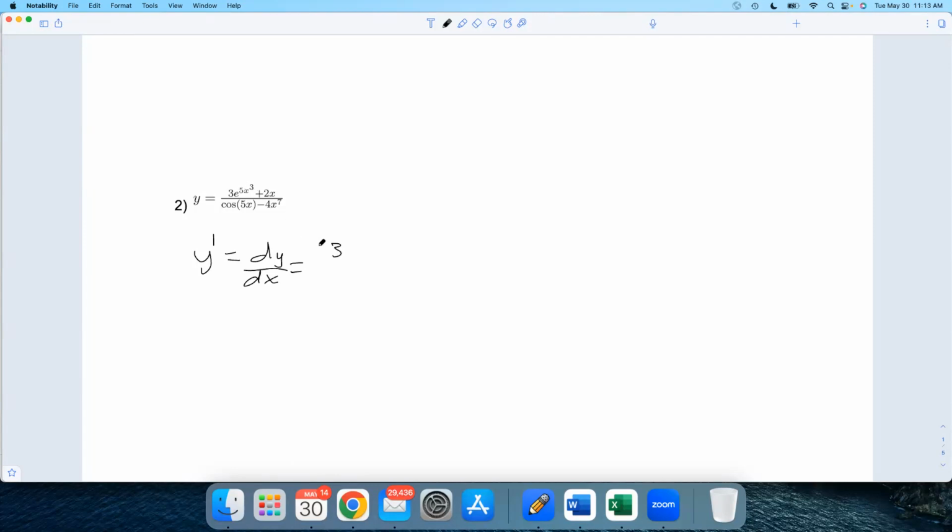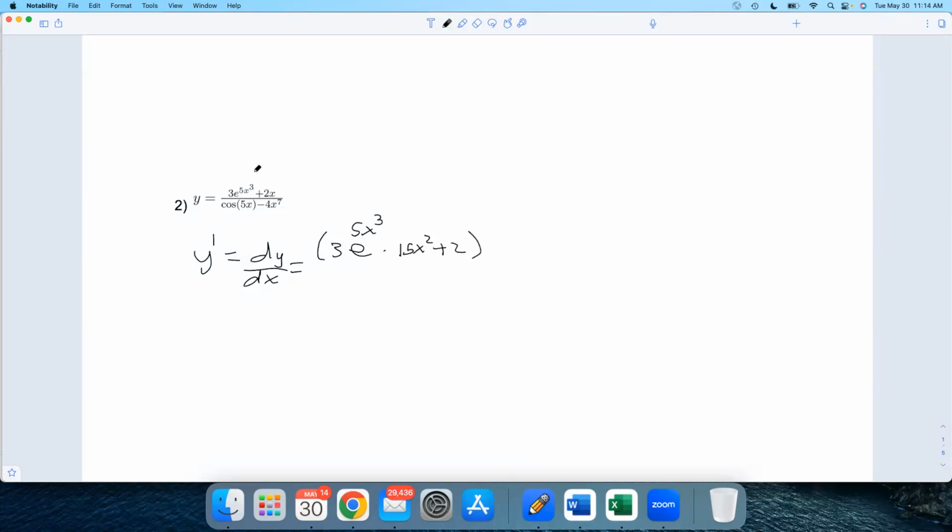The derivative of e raised to the anything is always e to that same thing times the derivative of what's up top. Chain rule, that's e raised to a function. So this guy's derivative is going to go here, and you should see that that's 15x squared. Plus this guy's derivative, plus 2.